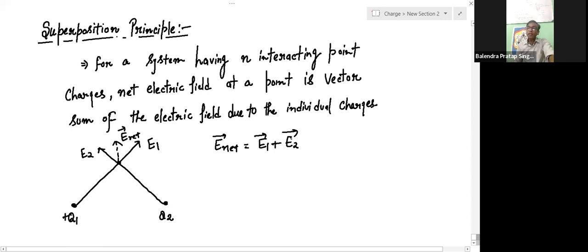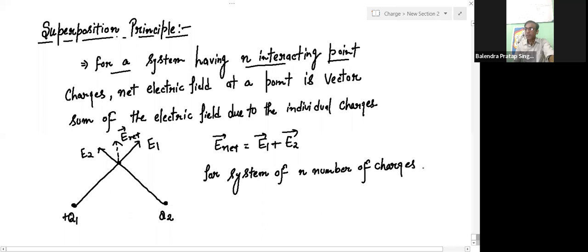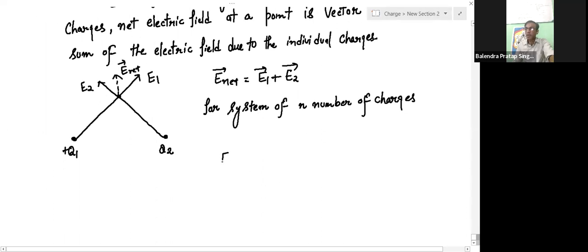And what about more than two charges? If you have 1, 2, 3, n number of charges, as in the statement I wrote, for a system having n interacting point charges, we take the vector sum of all the electric fields due to the individual charges: E1 plus E2 plus E3 plus up to En.